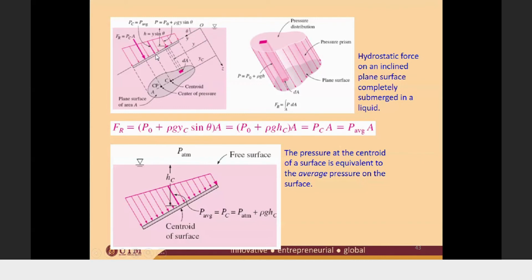Centroid is the middle of the surface. YC is measured from here, 0, to here. AC is the vertical height here.